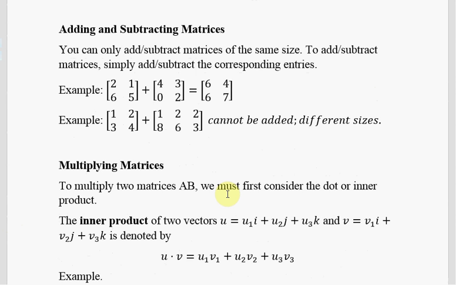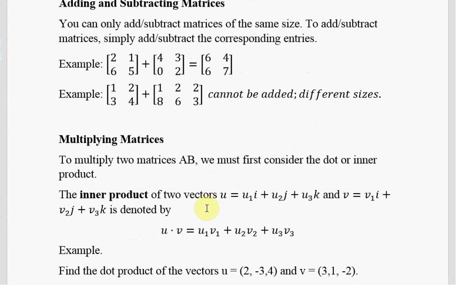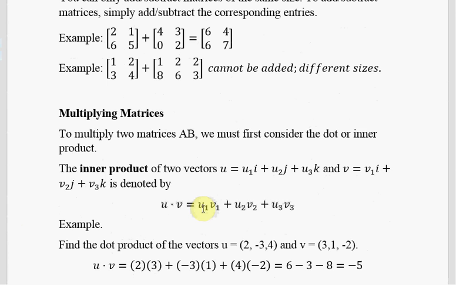Maybe in high school you talked about the dot product. It is formally called the inner product, and there's a course beyond this course where we talk about the spaces that exist out in the universe, mathematical spaces. One of those spaces, most important, is called the inner product space.